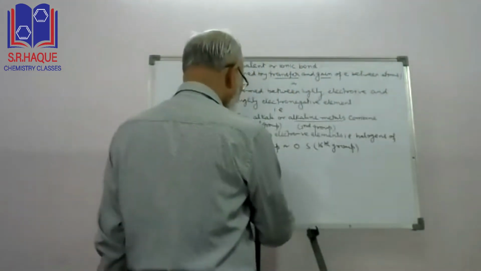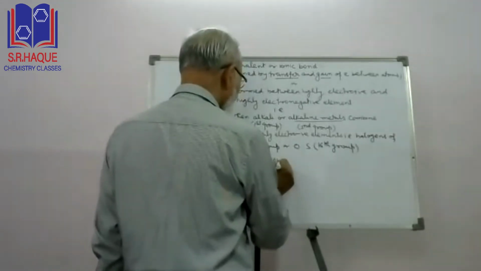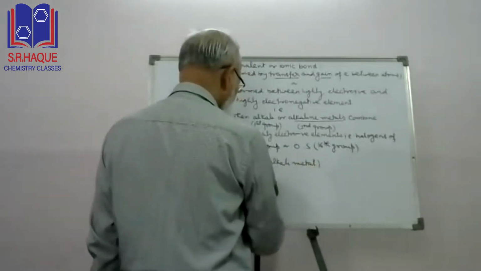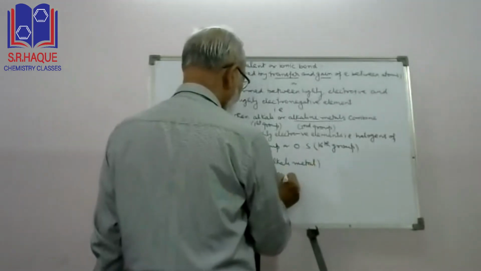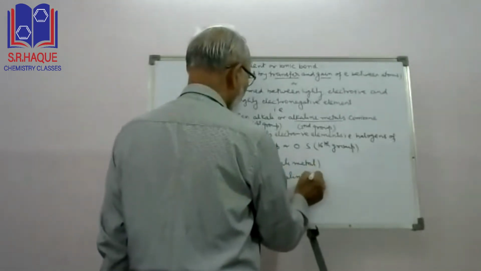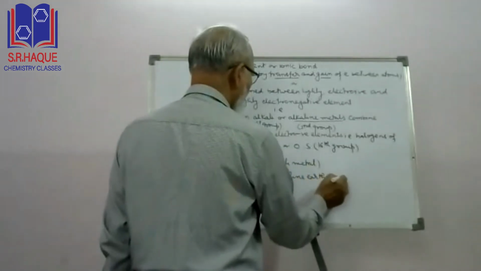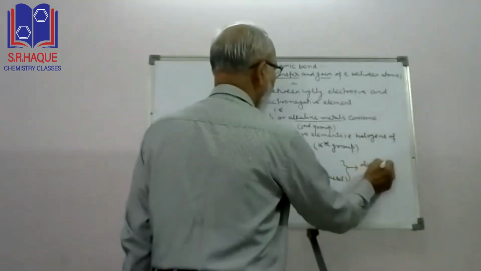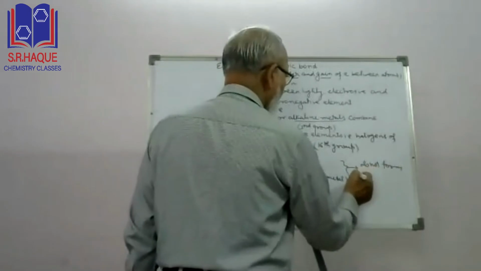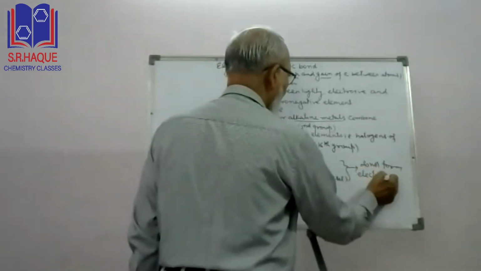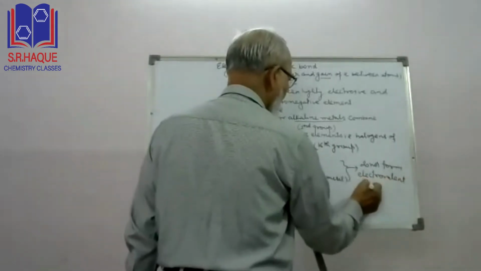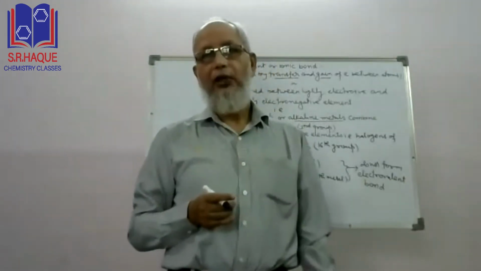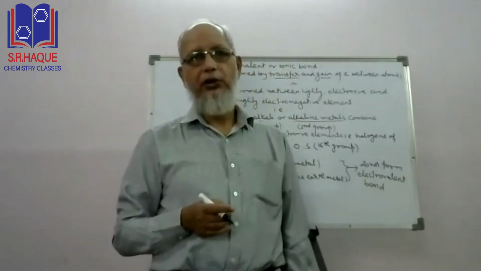But lithium, an alkali metal, and beryllium, an alkaline earth metal, do not form electrovalent bond, which I will tell you in detail in my next lecture for the conditions for the formation of electrovalent bond.